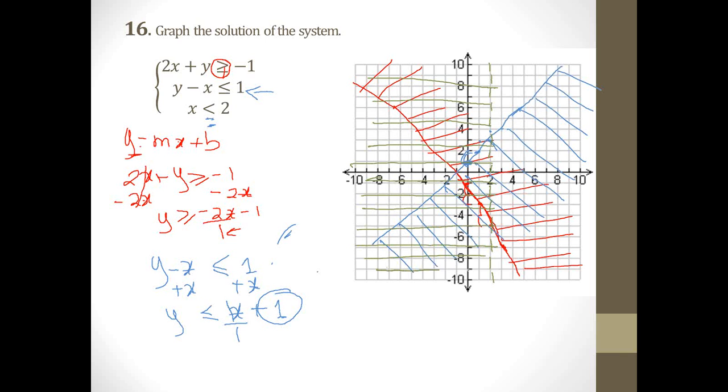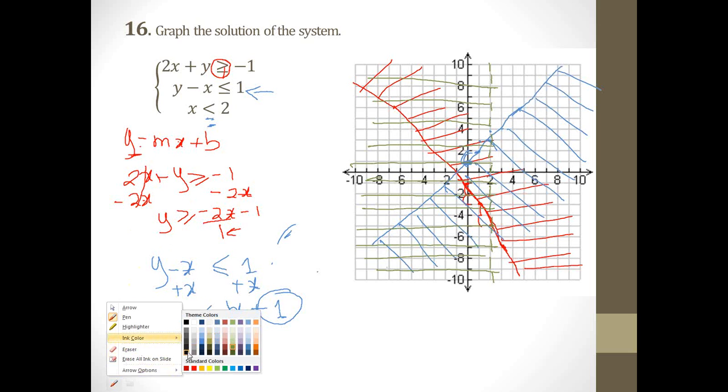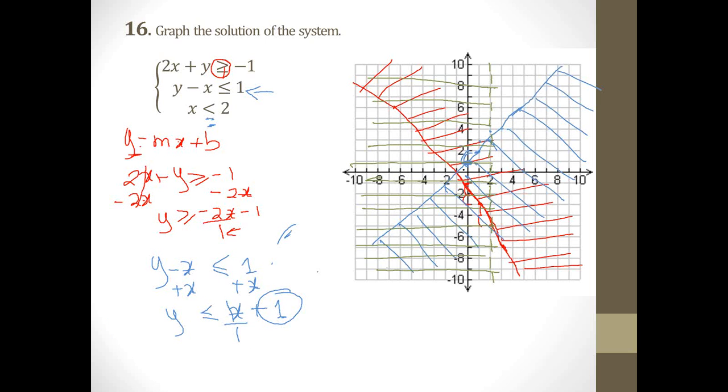Okay, so now looking at the graph, the intersection, I'm going to mark it with a different color so you can see it, maybe black. It's right here. That's where all 3 colors meet each other.